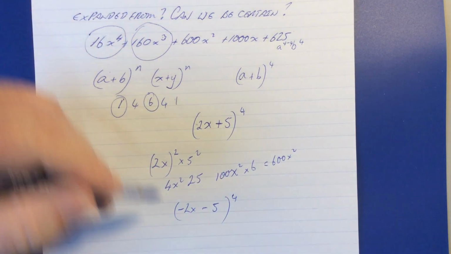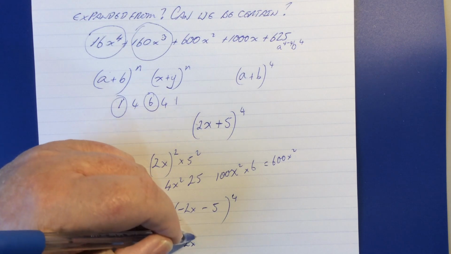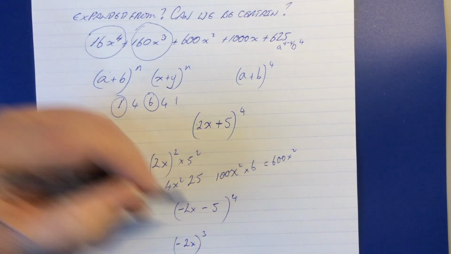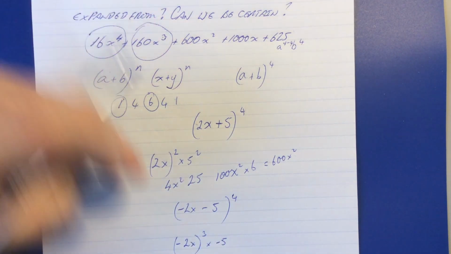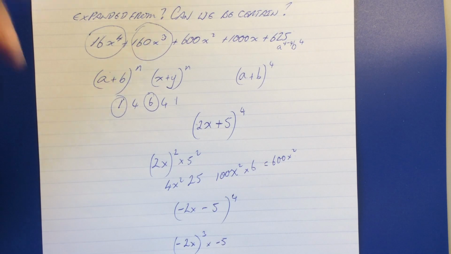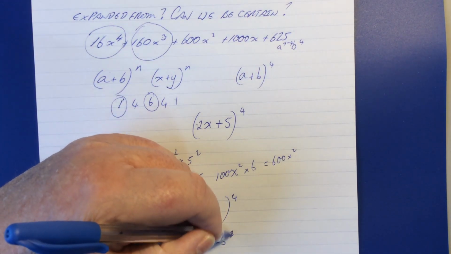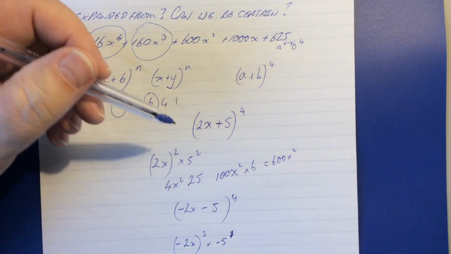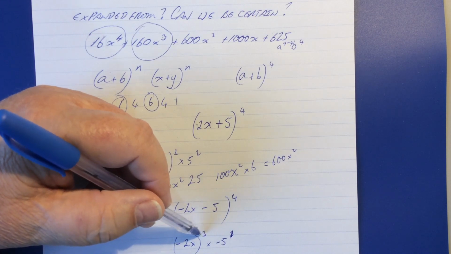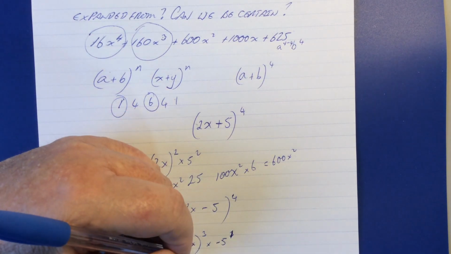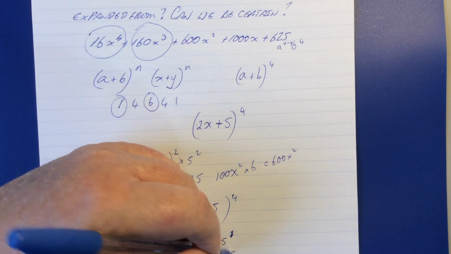Okay, so let's do this. So we have negative 2x to the power of 3 times negative 5 to the power of 4 minus 3, which is 1. It is negative 5 to the power of 1. Okay, so negative 2 to the power of 3 is negative 8, x to the power of 3 times negative 5.